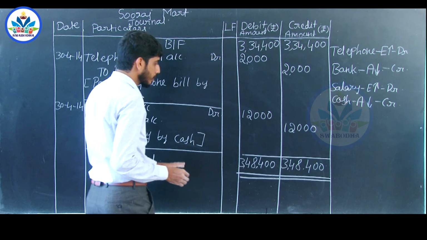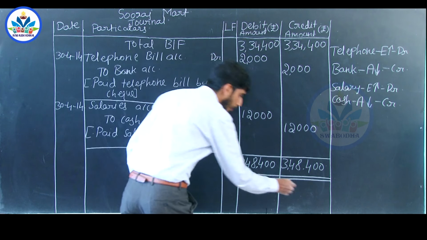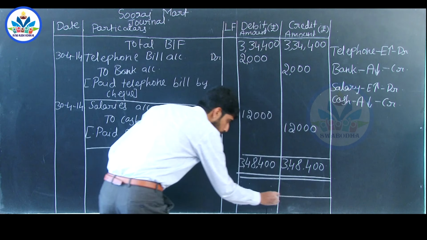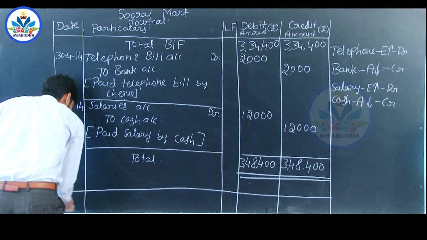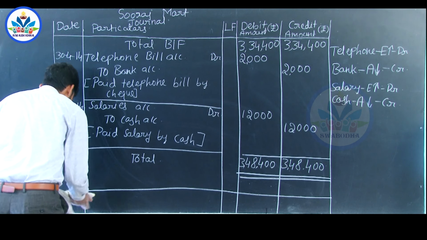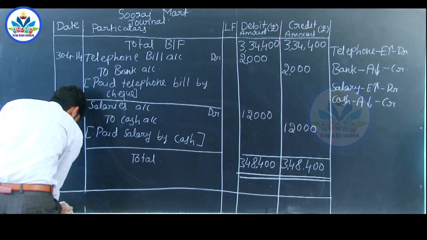After recording or writing down the total of all the transactions, you have to draw a line. That means, the journal entries relating to the business have been recorded, all the entries have been recorded.